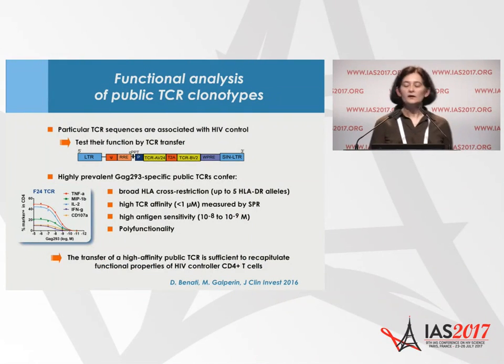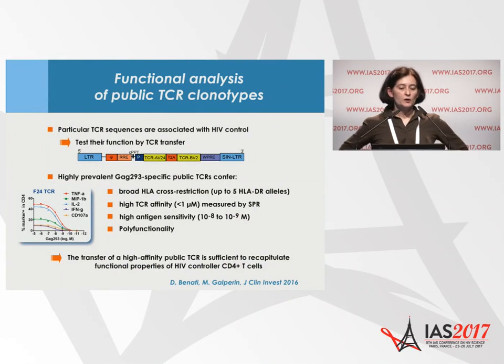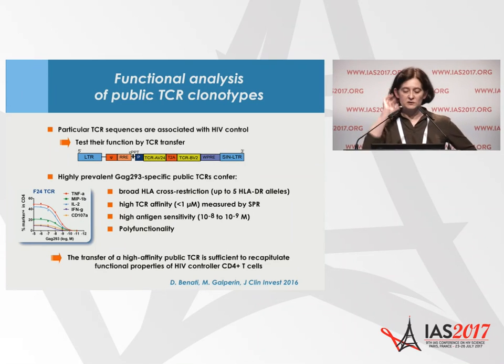So then, we tested the most prevalent public clonotypes from controllers functionally by inserting them in a bicistronic lentiviral vector. And I will go rather briefly over these results because they were published last year.